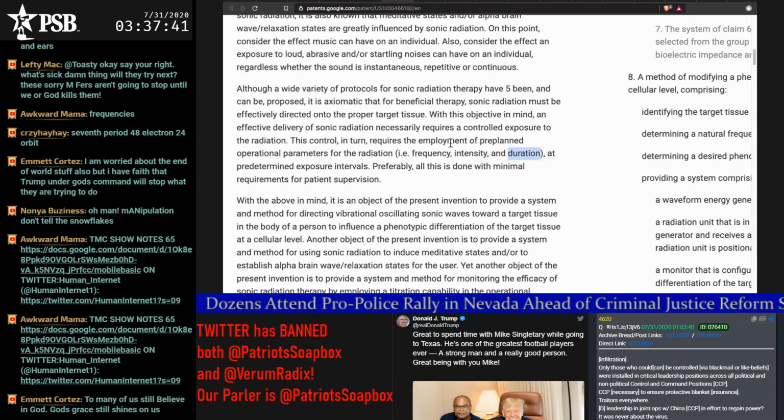These cross apply to electromagnetic radiation. Preferably, this is all done with minimal requirements for patient supervision. Well, because we're moving into the age of automation, I don't think the patients are going to have much of a problem. They won't have to worry about it.